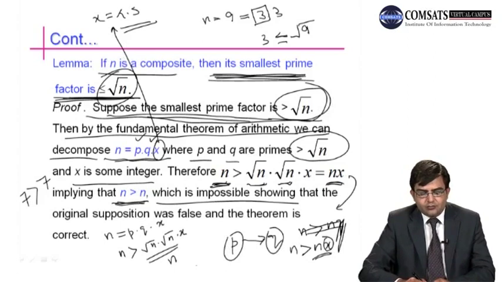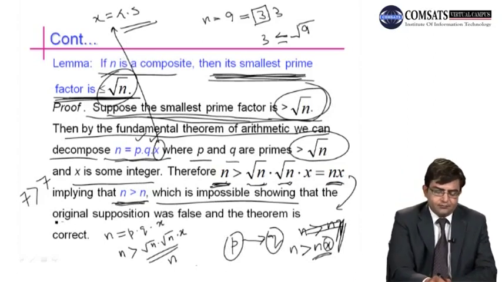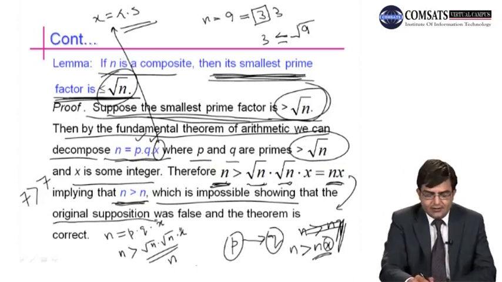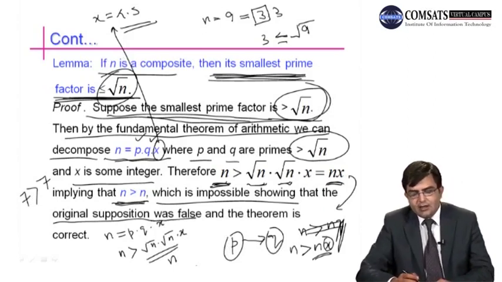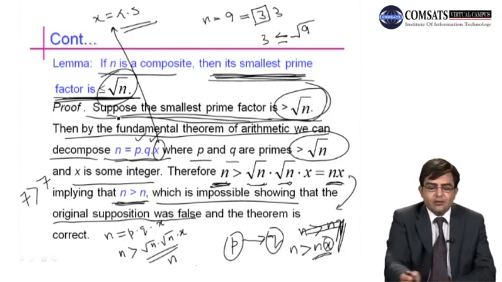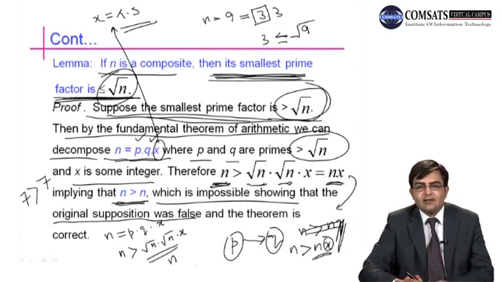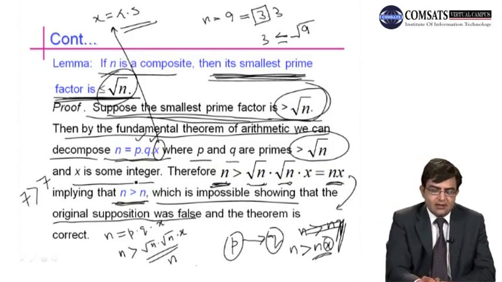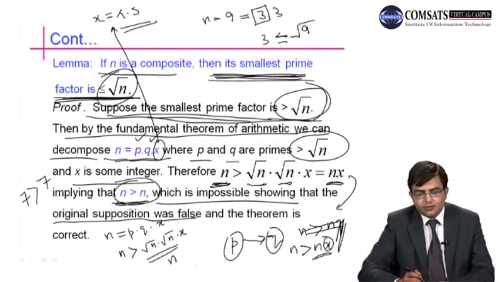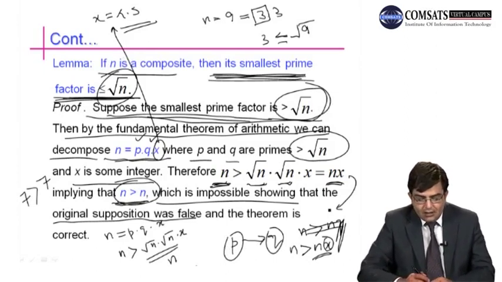So what we have supposed is false. We have supposed that the smallest prime factor is greater than square root of n. Now this supposition is false, because we have arrived at a conclusion that n is greater than n, which is impossible.